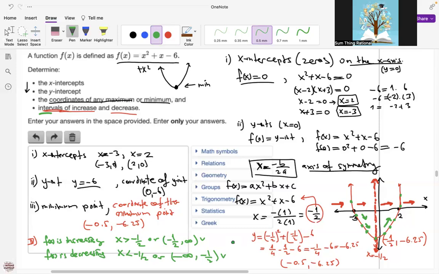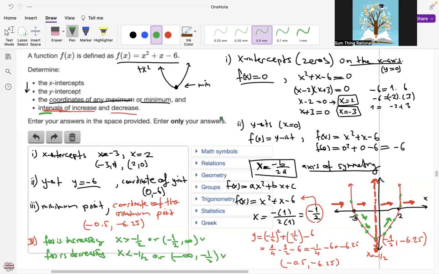x-intercept, y-intercept, coordinates of any maximum and minimum point, and intervals where the function increases and decreases. It's an open-ended question. If it is a calculator question, it will be very easy for you to draw it. So get your calculator and practice. Draw this graph on the calculator and trace it, and you will find the x-intercept, y-intercept, and any required points.